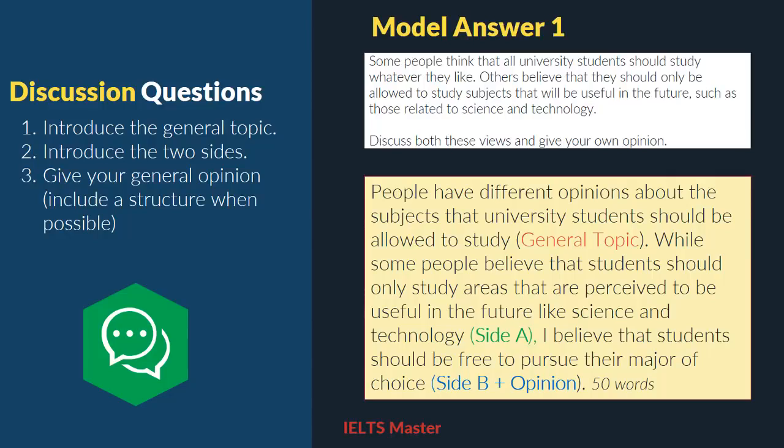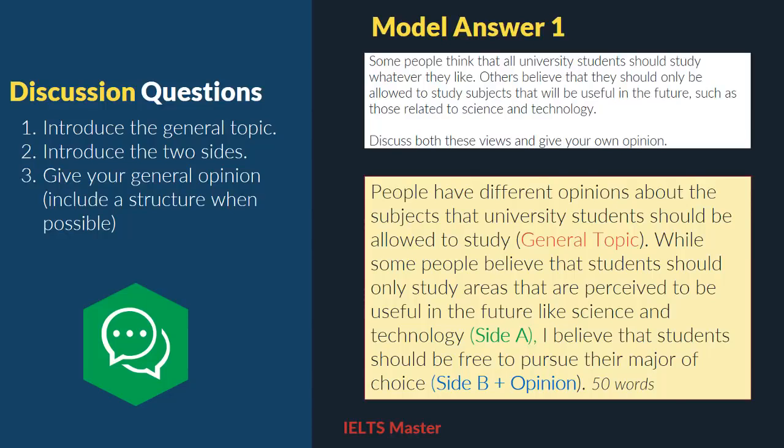This is side B plus my opinion. My opinion is I believe. It's very clear here. So in my essay, you can also see my structure here. First, in my first body paragraph, I'm going to talk about side A. And in my second body paragraph, I'm going to talk about side B.